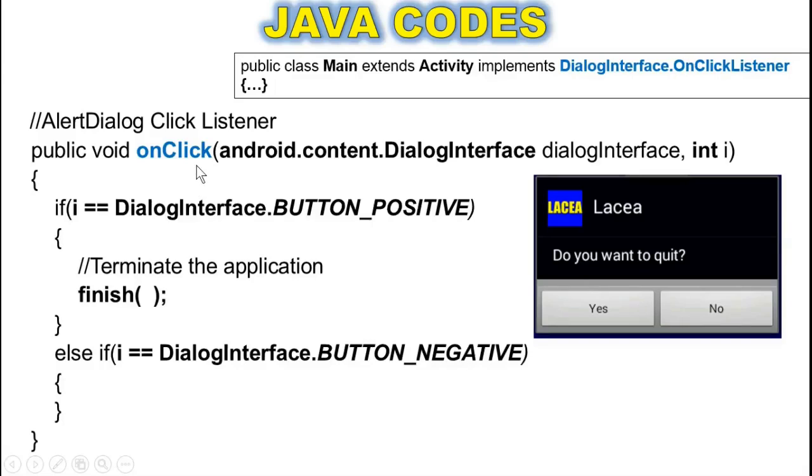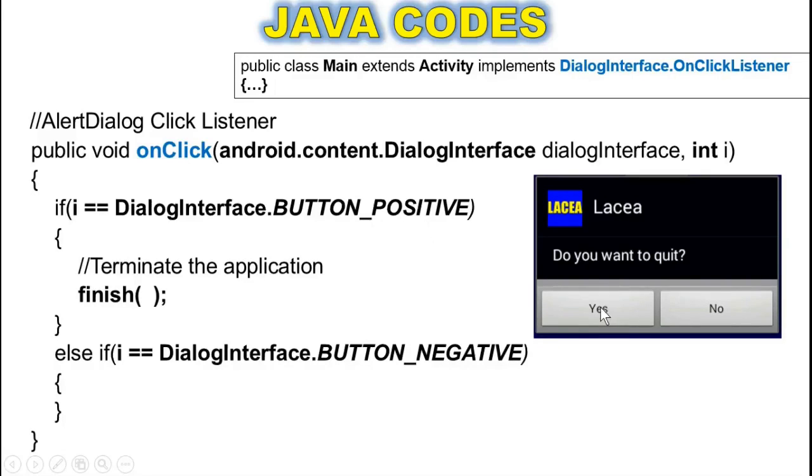Inside this method onClick, we have an if then else statement. When the user reads the question, do you want to quit, and then chooses yes, the CPU will go to the method onClick of this alert dialog box, and it will evaluate the value of i if it is equal to the button positive.